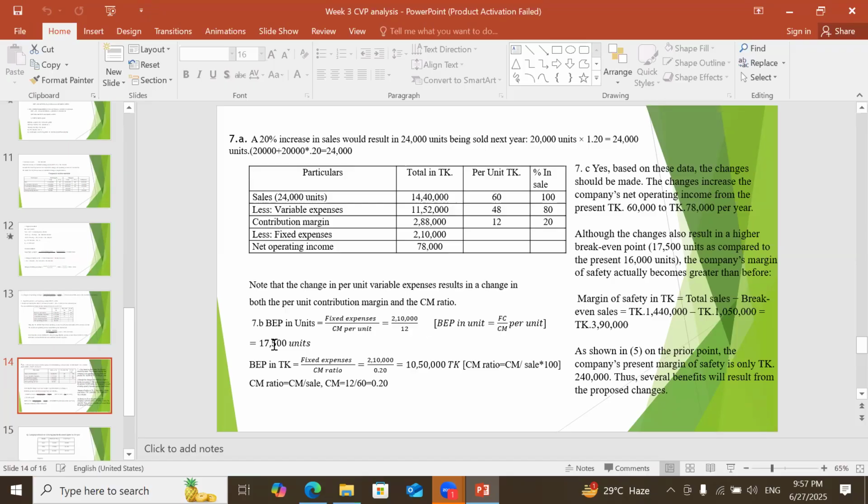Then break-even point in unit 17,500 and break-even point in taka: fixed expense divided by CM ratio. Okay. Fixed expense 2 lakh and 10,000 and CM ratio 20%. Then you will get 10 lakh and 50,000 taka. New break-even point in taka total 10 lakh 50,000 taka and new break-even point in unit 17,500. This is 7.B.